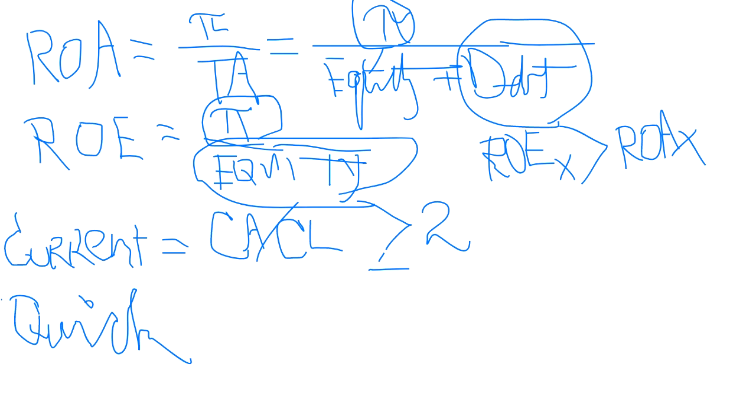Cash and cash equivalents are already as liquid as it can be. Marketable securities, they are liquid. It goes without saying. You can easily sell stocks and bonds and turn them into cash. Promissory notes and accounts receivable, they can be factored, right? Remember factoring.